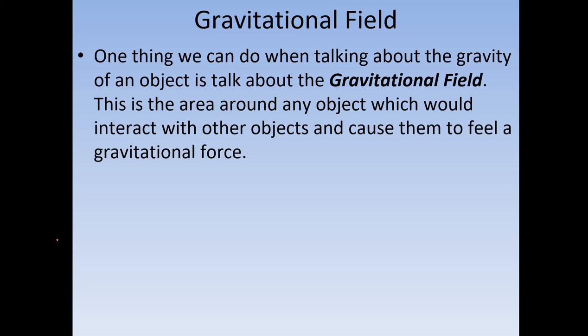The gravitational field, as its name kind of implies, is an area of effect essentially around where gravity exists. So if you are in a gravitational field, you are experiencing gravity. One of the interesting things is that according to the equation G m1 m2 over r squared, there is no value that r could ever be so that the force goes to zero.